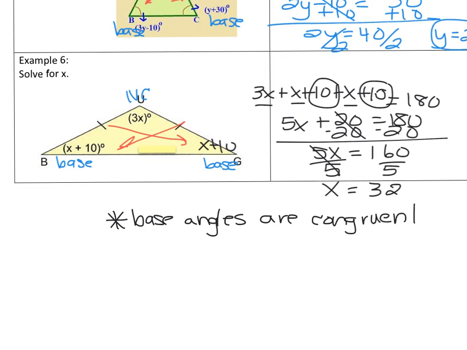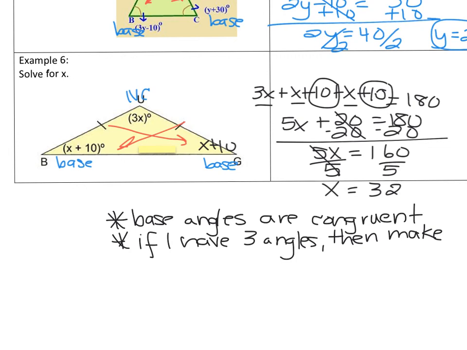I also need to remember that if I have 3 angles, then make everything equal 180. If I follow the guiding questions and remember these few rules, I should be able to solve with isosceles triangles. Good luck!